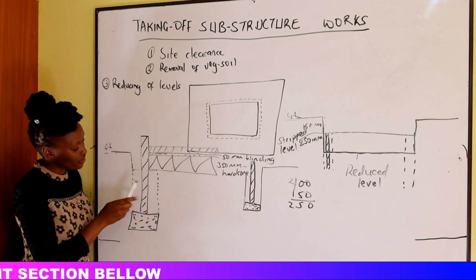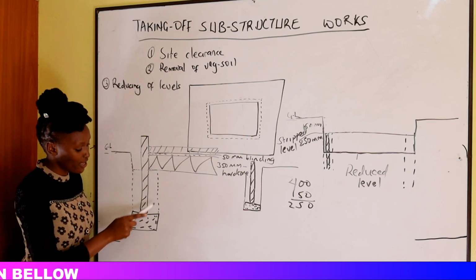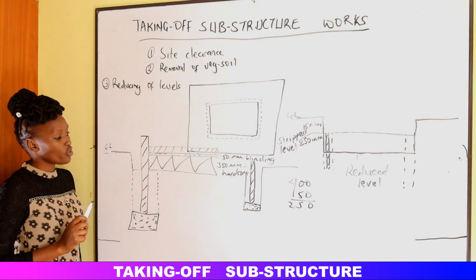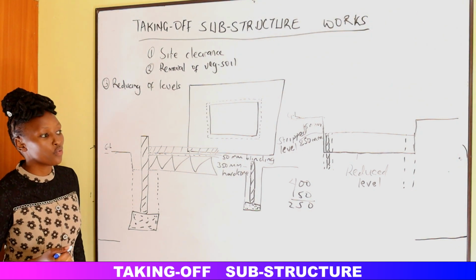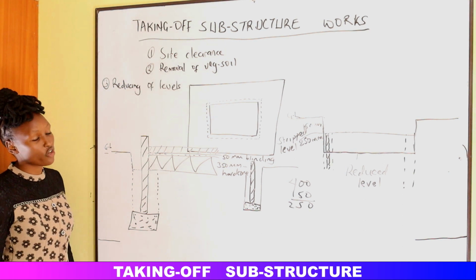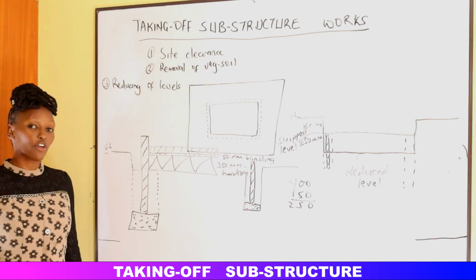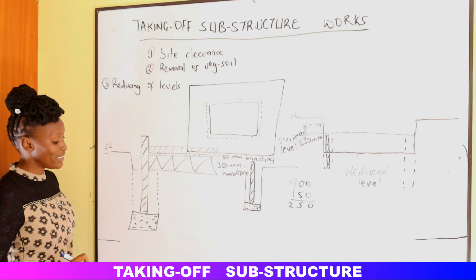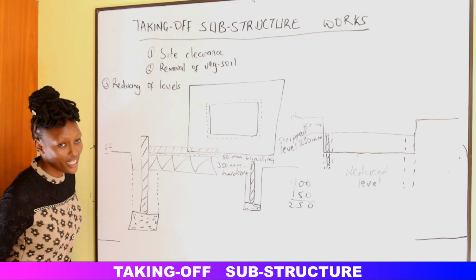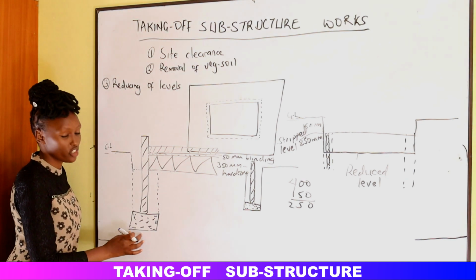So we shall begin the trench excavation from the reduced level up to the bottom of the trench. Okay, so how do we measure for the excavation of the trenches? It is usually measured in terms of volume. Volume of what? Volume of the soil that will be removed from the trench.